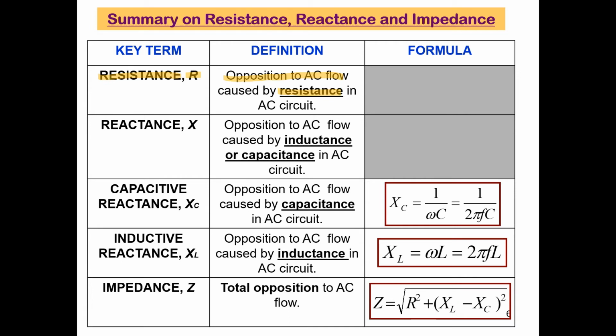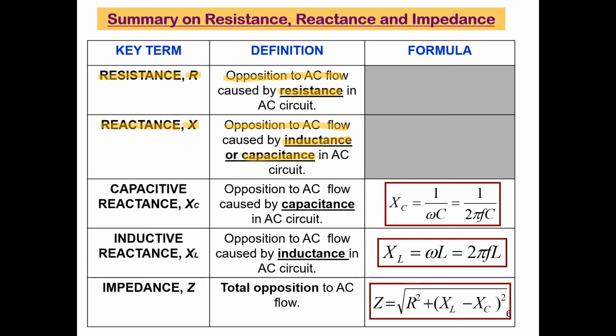Next we have reactance, X. Reactance is the opposition to AC flow caused by inductance or capacitance in an AC circuit.